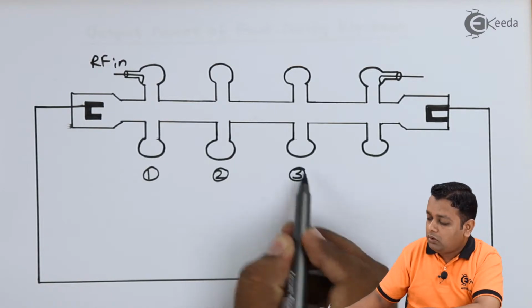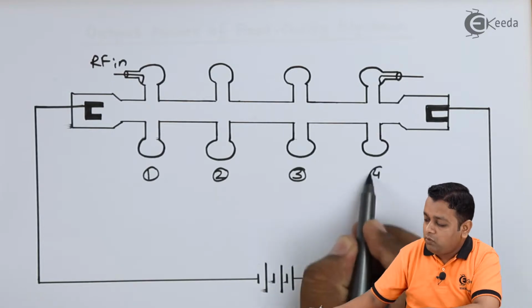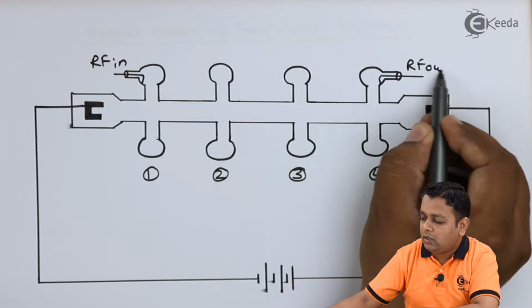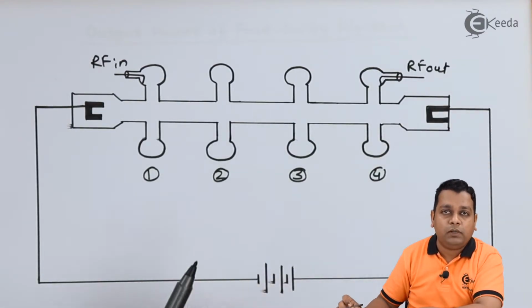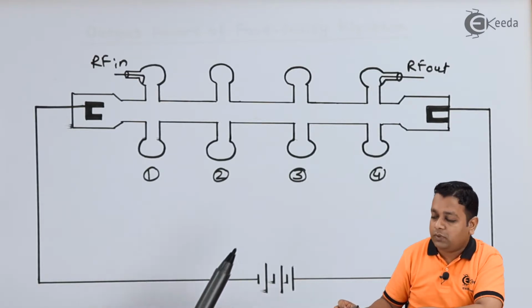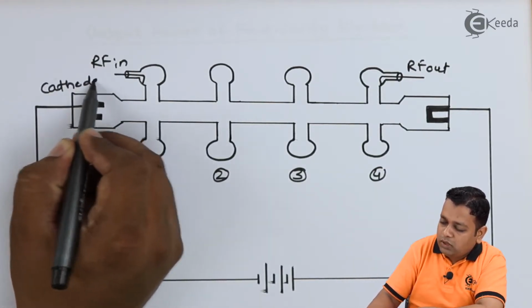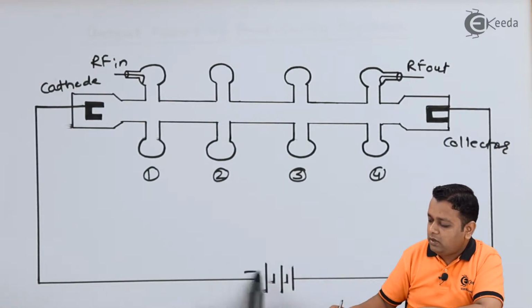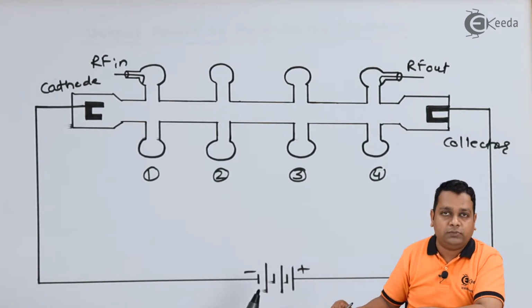The third cavity will also be contributing by the velocity modulation, and the fourth cavity will be acting as the catcher cavity and will be providing the RF output that will have maximum amplification, and comparably more amplification with respect to the two cavity klystron. This will be the cathode end and this will be the collector end. The specified polarities of the electrodes are negative and positive respectively.